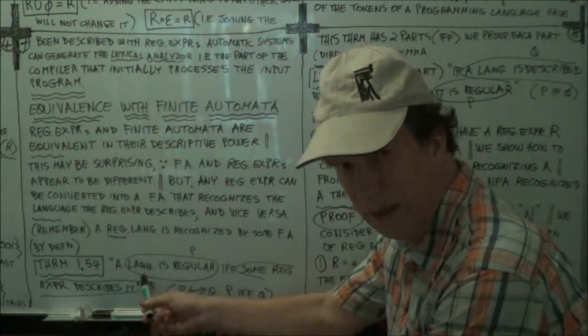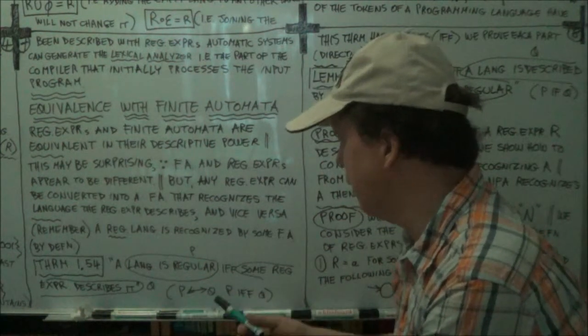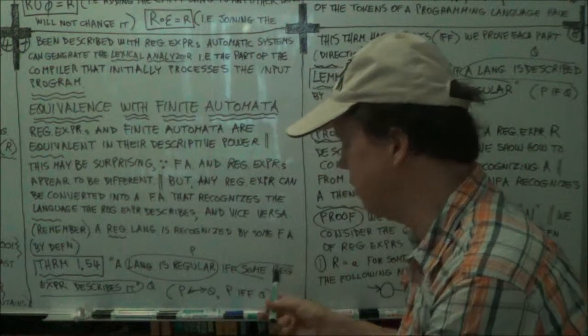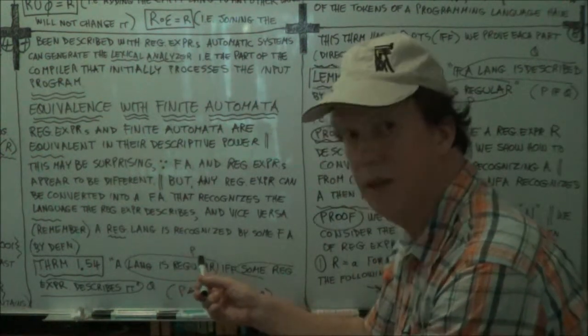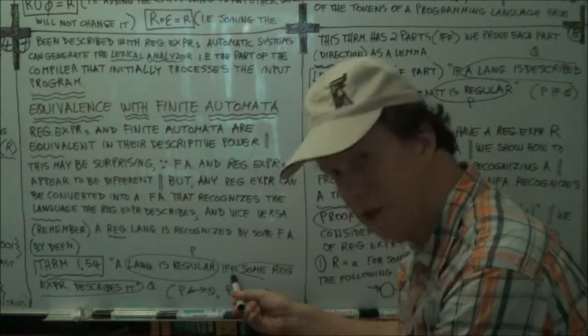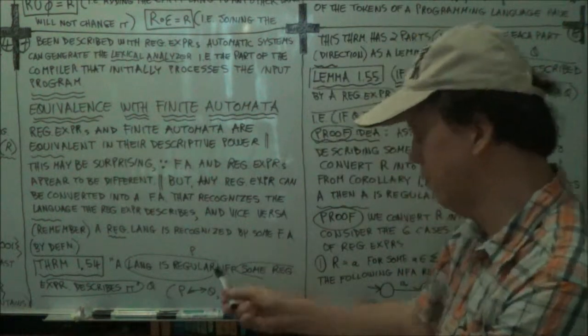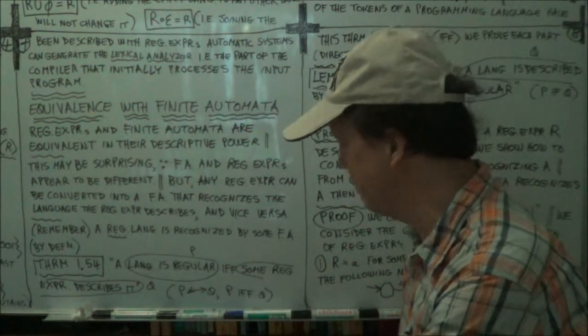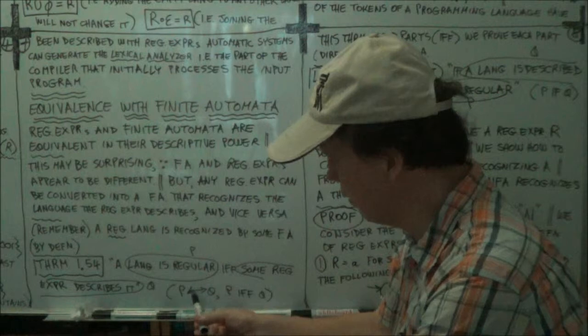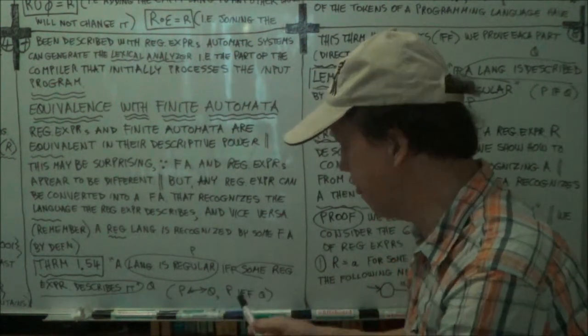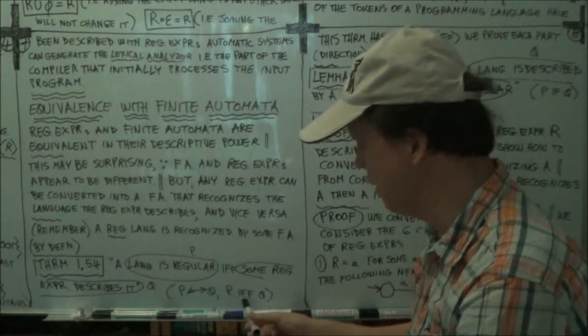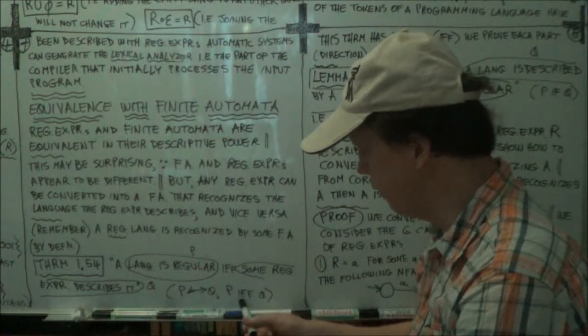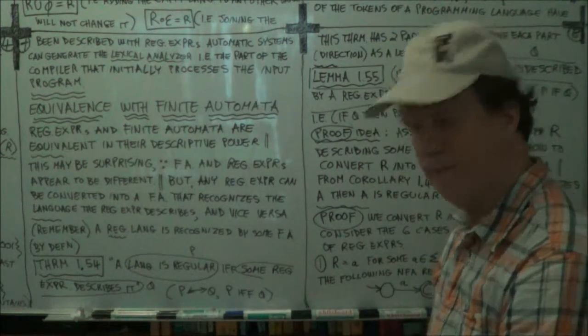So we have to show if P then Q, and we also have to show if Q then P, because it's an if and only if type proof. We've talked at length about that before. We can describe this in terms of arrows, P double arrow Q, or in terms of letters, P if and only if Q.